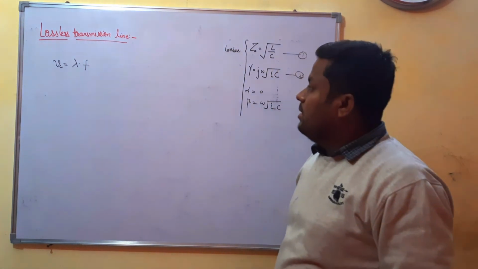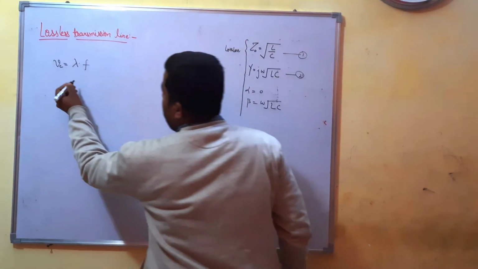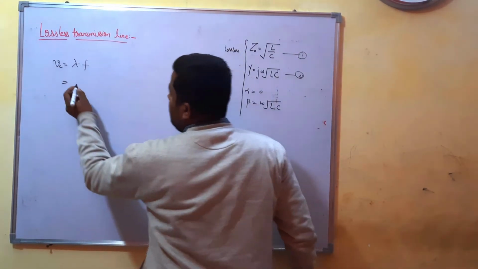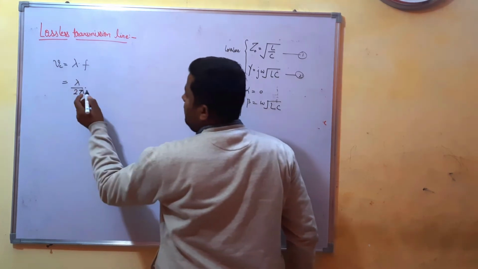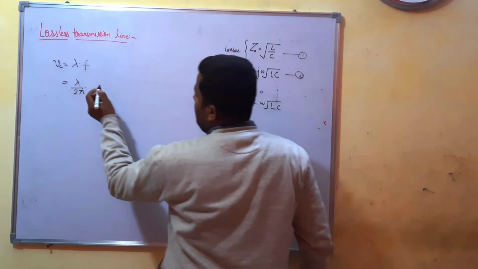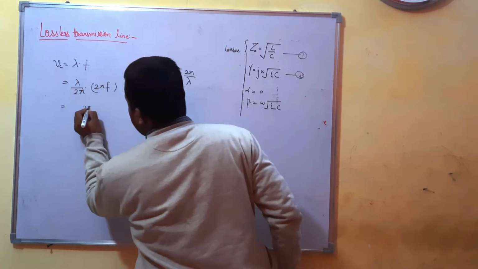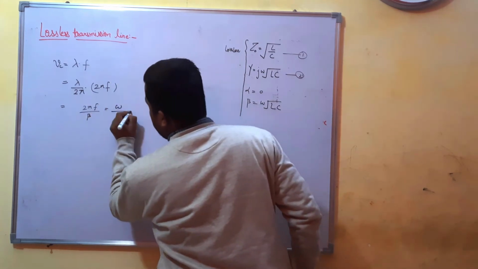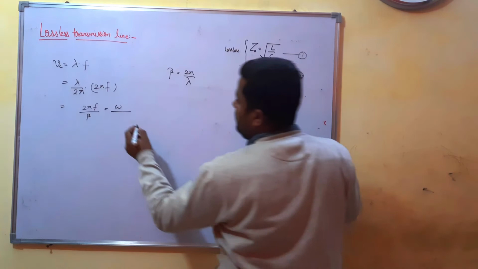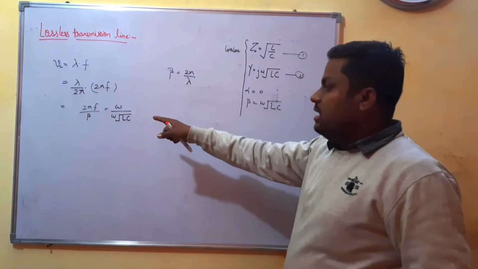So here, if we put lambda as 2 pi by beta and f as omega by 2 pi, with 2 pi f written as omega and beta written as omega under root LC, clear?